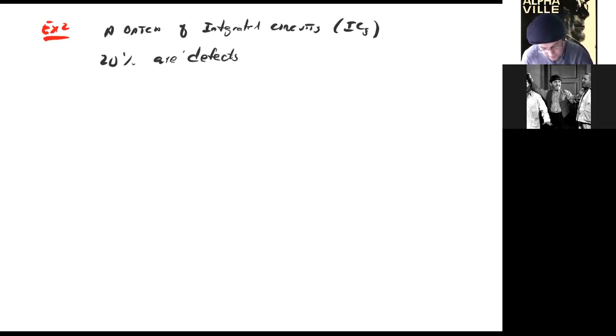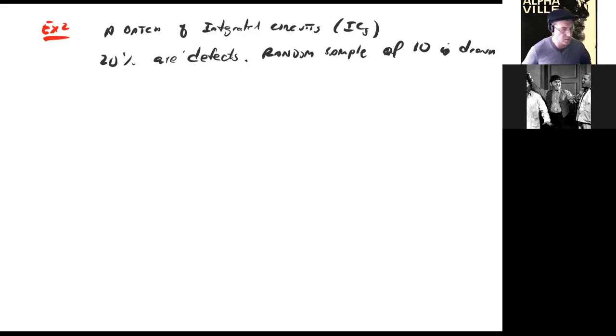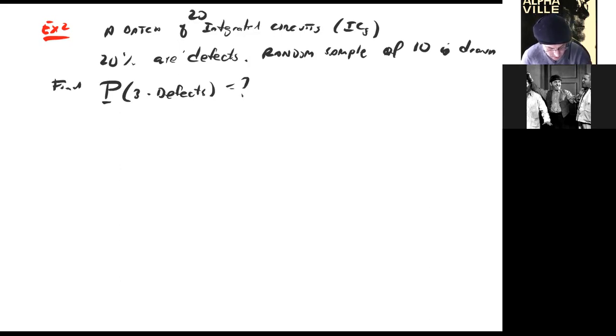Okay, so we take a random sample of 10 chips. So we draw 10 chips, and let's find the probability of having 3 defects. So I should have said 20 integrated circuits. That was the original number. Maybe I said it, but I didn't write it. So capital N would be 20 in this case.